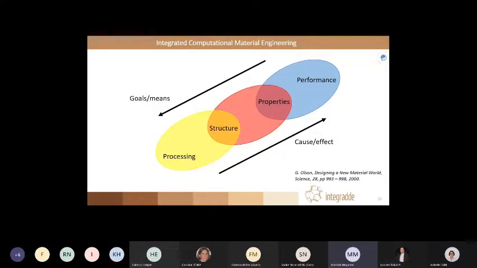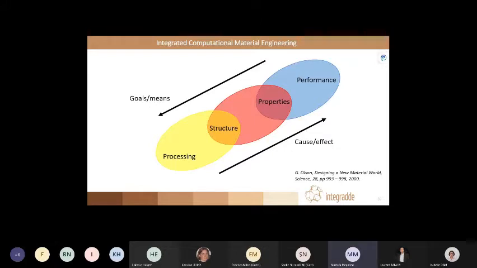Okay, perfect. Thank you. So in material modeling, I would like to introduce the concept of integrated computational material engineering, which is basically the coupling of several disciplines. And I will explain that as we move forward. You will see that in additive manufacturing, we have a seamless interaction between the processing of the material and the final product performance.